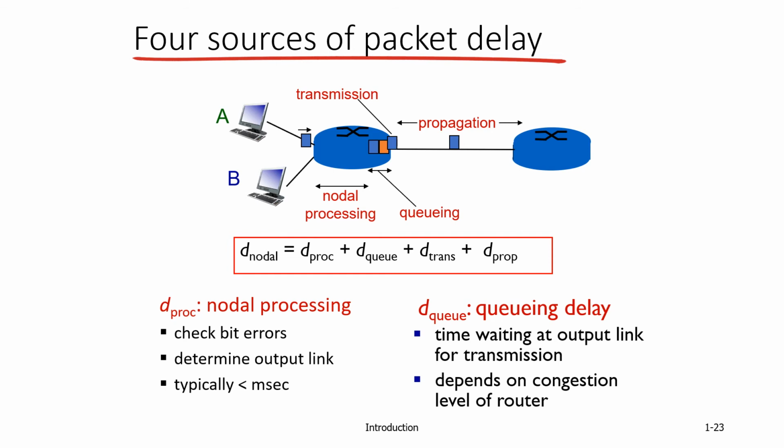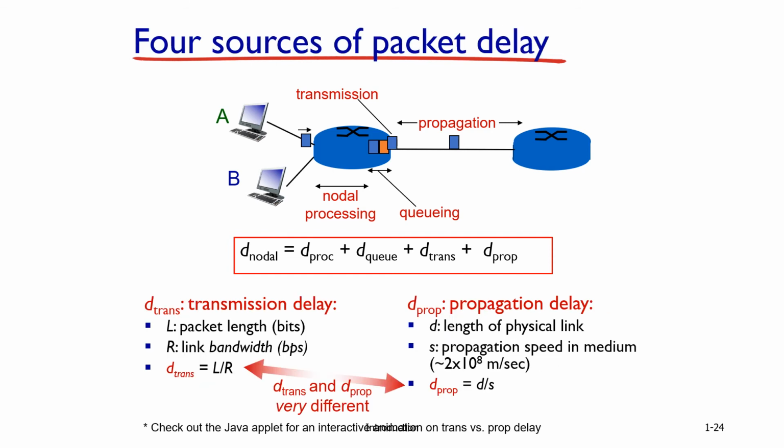When you add up all of these individual delays, that gives you the total delay in transmitting a packet from source to a destination. Like I explained before, the transmission delay is determined by L divided by R. The propagation delay is D divided by S, where D is the length of the physical link and S is the propagation speed, which is generally taken as 2 multiplied by 10 raised to power 8 meters per second.